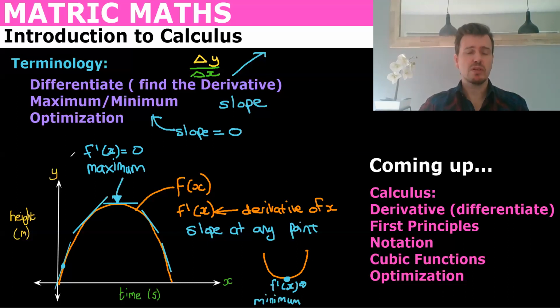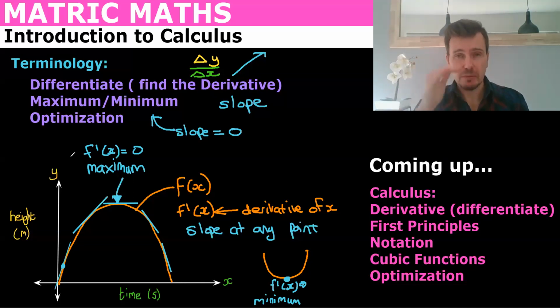Okay, so I've just put in there optimization. Optimization is not really too much other than just finding the maximum or the minimum. Because when I want to optimize profit, I want to find where I can get the best profit. And so there with optimization, I'd just be finding the maximum profit.